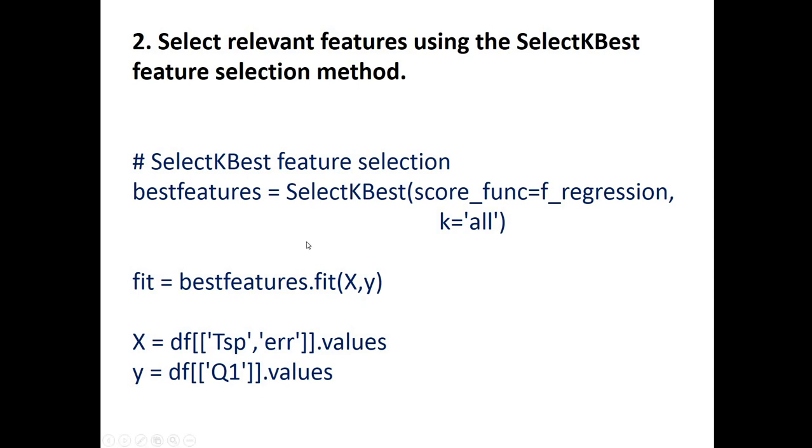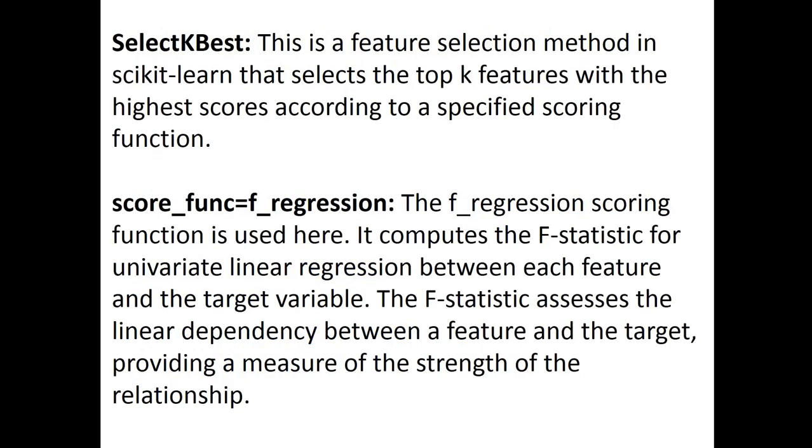How do you do that? These are the lines for that, and we are going to explain what it does actually. So now, what is SelectKBest? It is a feature selection method in the scikit-learn library that selects the top K features with the highest scores according to a specified scoring function.